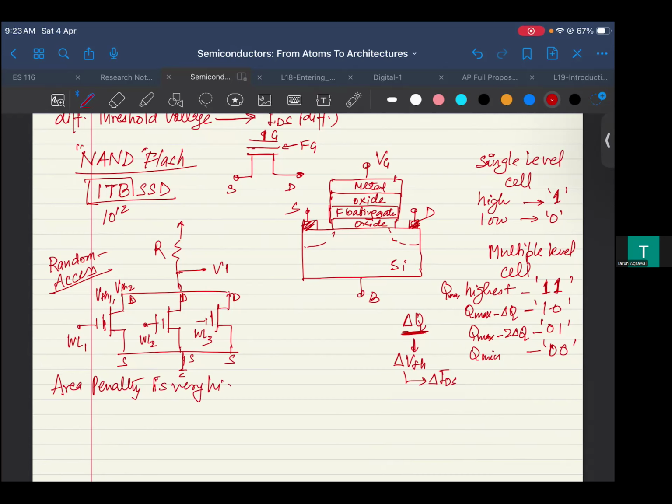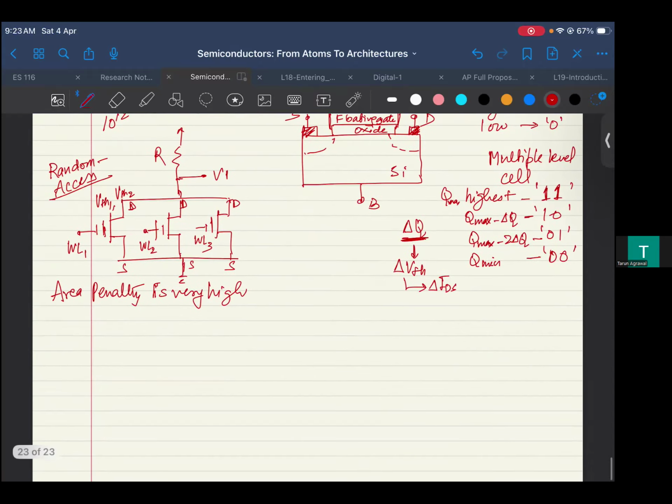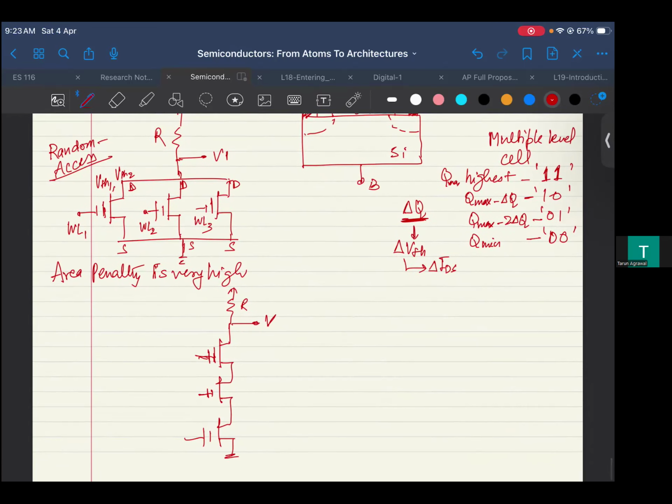So then people thought, is there a better way to pack these cells? And one structure which stood out is the NAND structure. So I'm just making 3. I'm just representing it with a resistor, but obviously it could be any MOSFET, which could be reading. So now I have this control signal, and then I want to read the state.